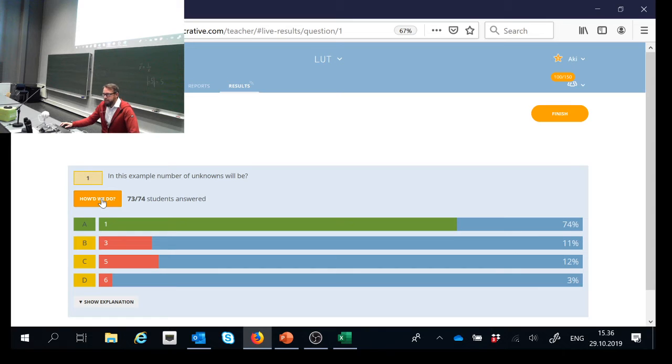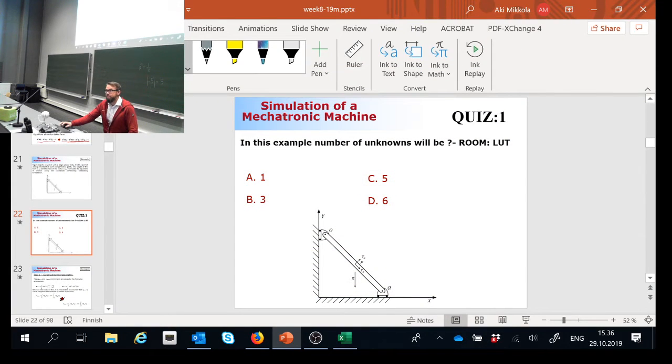74. Okay, so there are 2 choices that make a little bit of sense, and these 2 choices are 1 and 5. 3 makes no sense because we have never discussed the opportunity that we have 3 as an unknown. That's just never been in a table. 6, no good at all, because there is nothing corresponding to 6.